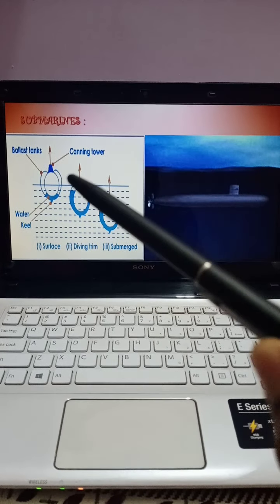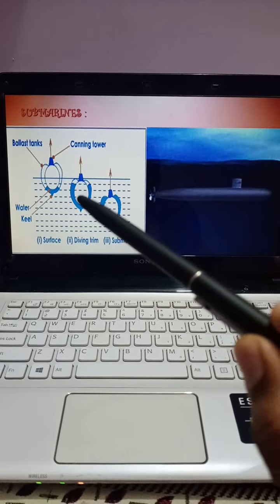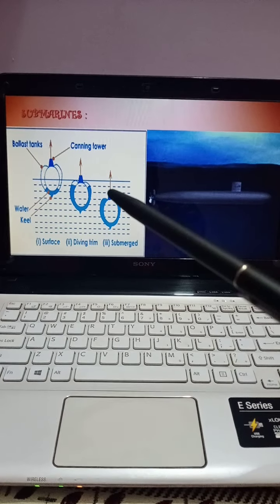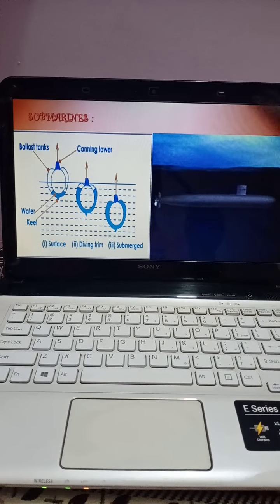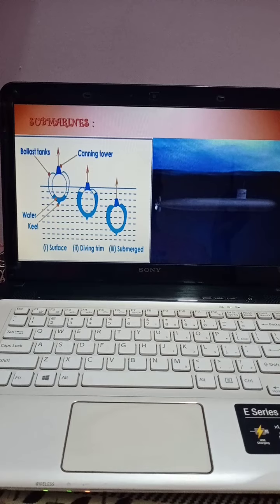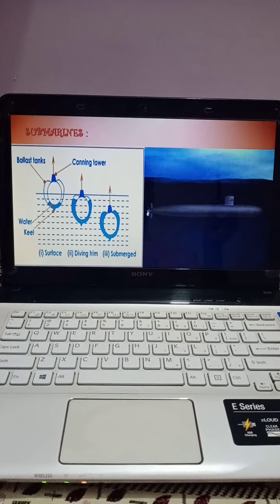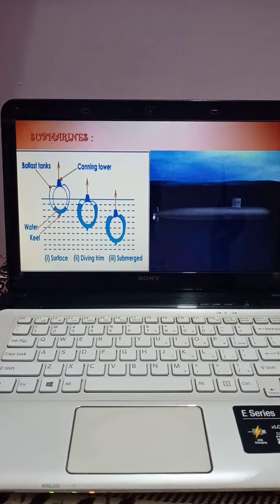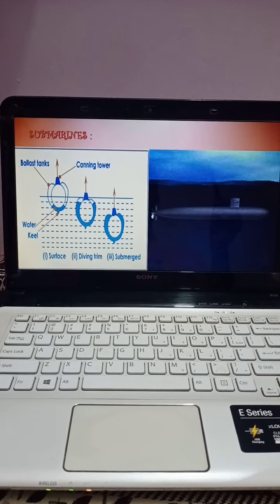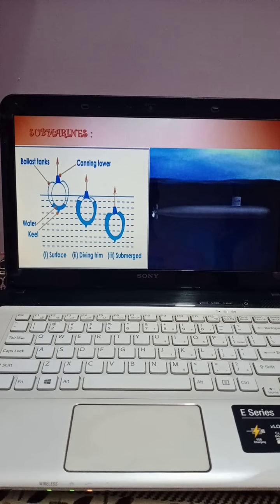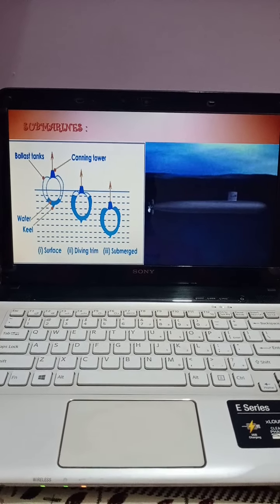And this is the third case. Then when the weight of the submarine becomes more than the upthrust, then it will sink. So this submarine is a very good example to understand how an object can float or sink inside the water.